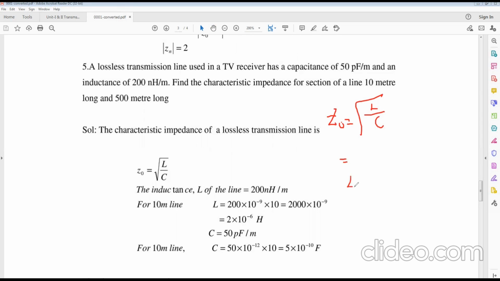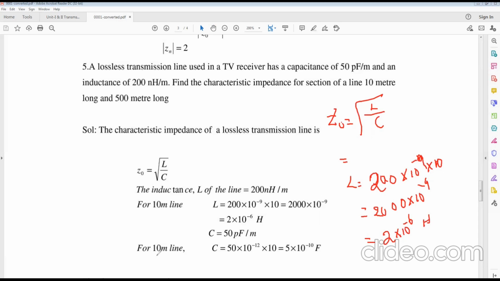So L is equal to 200 into 10 power minus 9 at 10 meters long. Multiply that by 10, you'll get 2000 into 10 power of minus 9, or it is 2 into 10 power of minus 6 henry.